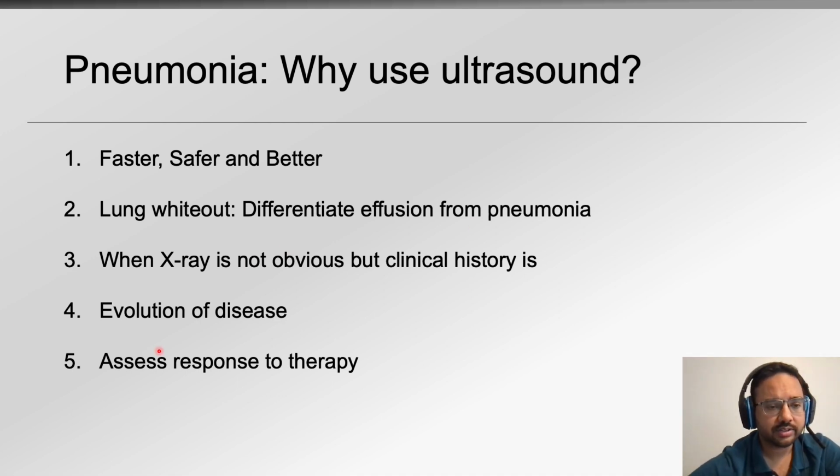When on the x-ray it's not obvious that the patient has pneumonia, but the clinical history is pretty rich in suggesting that it is a pneumonia. When I'm trying to figure out the evolution of the disease or assess response to therapy, that is when I reach for my ultrasound to get more information.